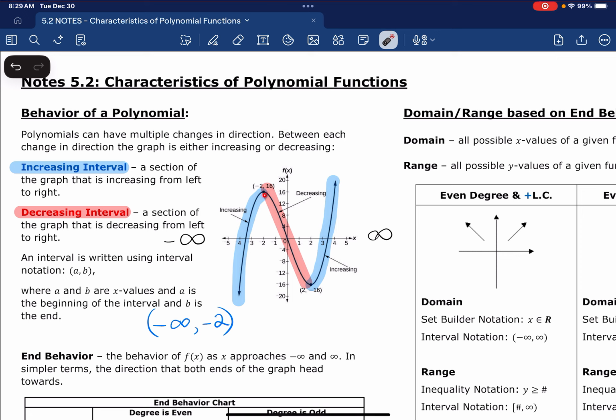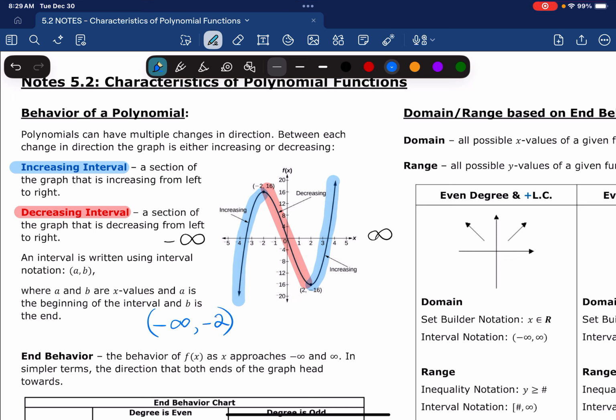Now this decreasing interval right here, it begins at -2 and it finishes at +2. Again, we're always writing these intervals using our x values, and we always go from left to right, least to greatest. So our function is decreasing from -2 to +2.